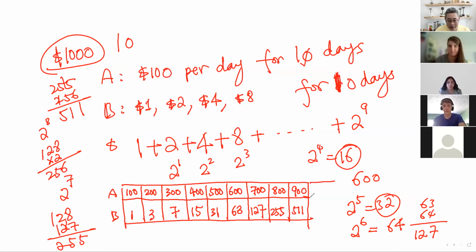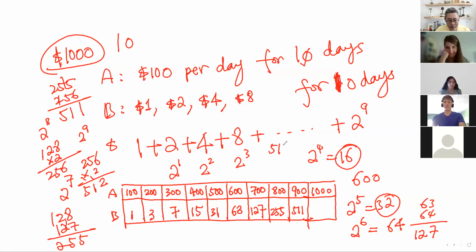And what happened on the last day? You got 1,000. Ooh, yeah, now I see. Last day is 2 to the 9. 2 to the 9 is 256 times 2, that's 512.